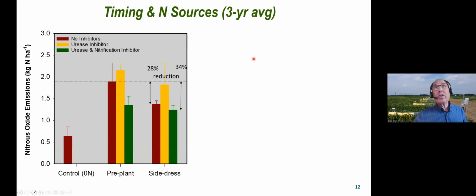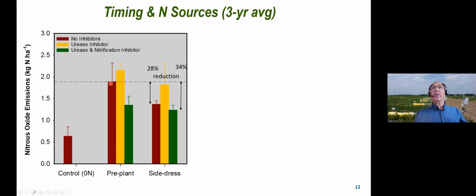Okay, now I want to talk about timing and N sources. So I usually try to look at 2 different factors in any one study. So this is the next 3-year period. We have control without any added N, nitrous oxide emissions are low as expected, higher with the pre-plant. So it's added just the day of planting, or we add the nitrogen and then plant right after that.